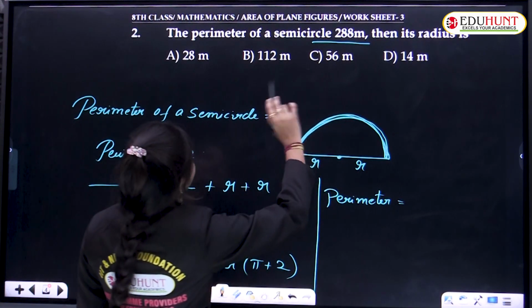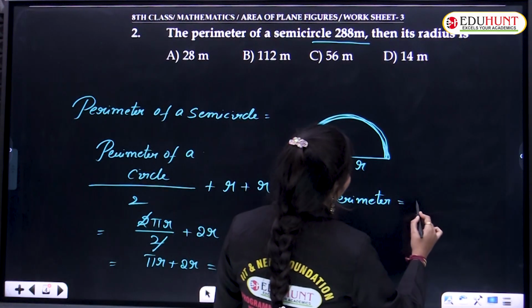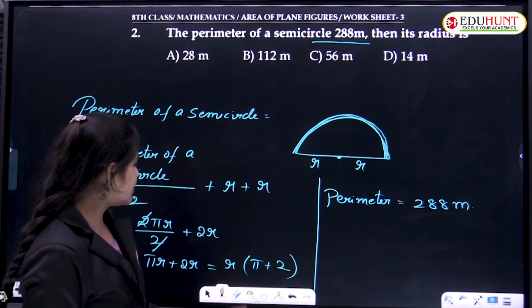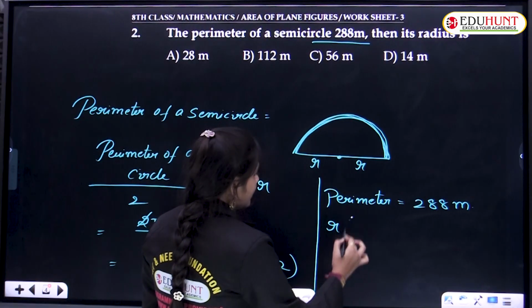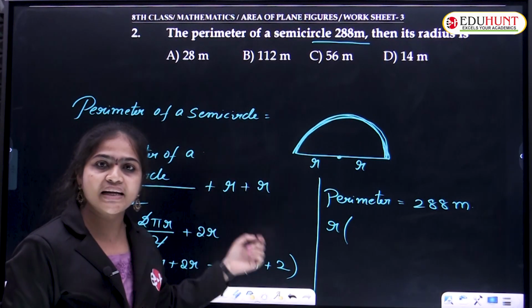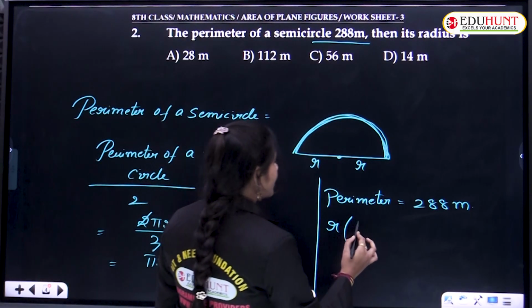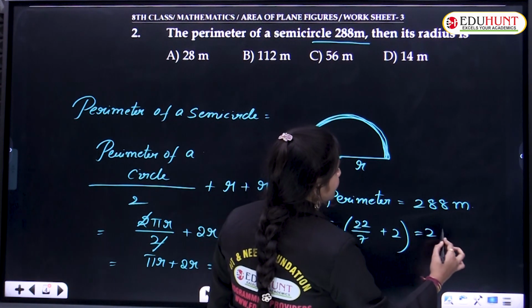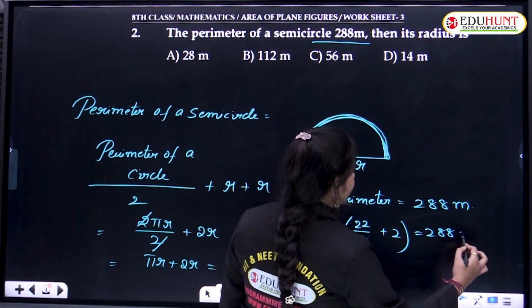The perimeter of a semicircle is given as 288 meters. The formula is r into pi plus 2. The value of pi is not mentioned, so we can take 22 by 7. So r into 22 by 7 plus 2 is equal to 288 meters.